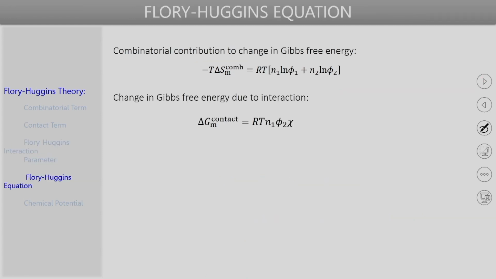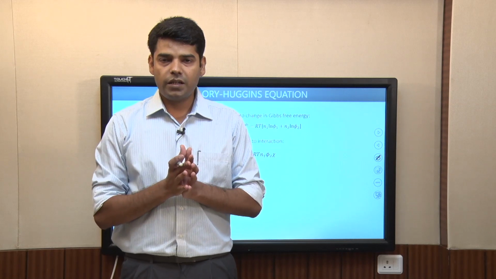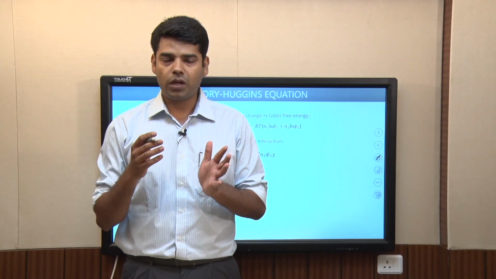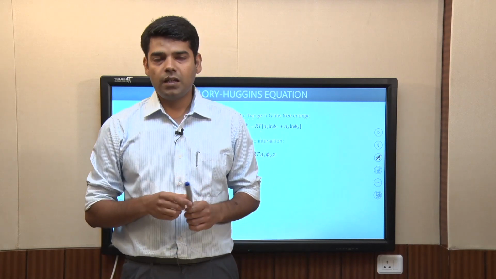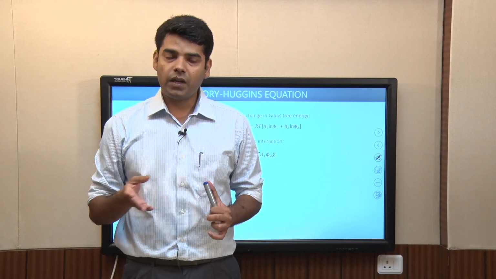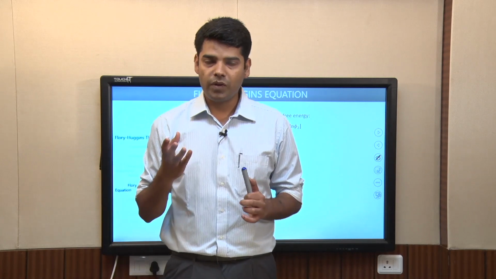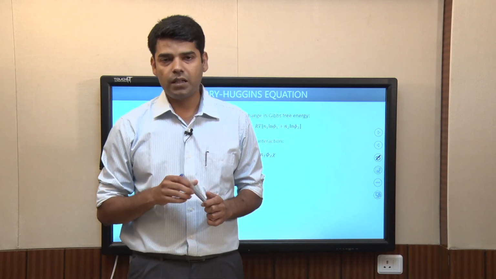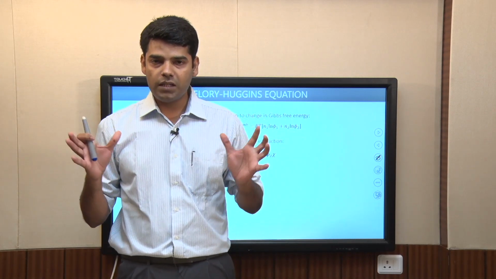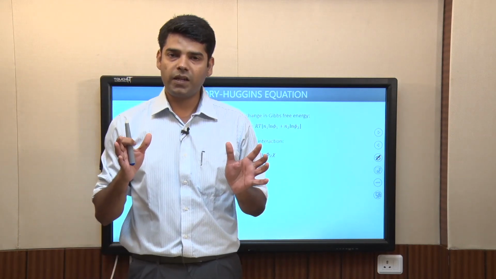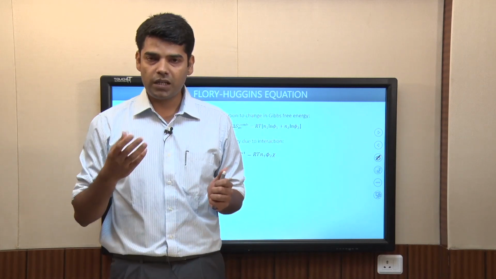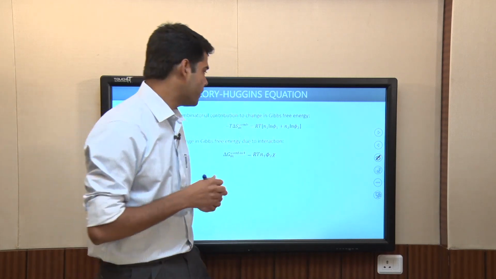Now that we have defined the Flory-Huggins interaction parameter and used it to come up with an expression for the contact Gibbs energy change of mixing, and given that we have already developed an expression for the combinatorial entropy change of mixing, we can combine both these terms to get the overall Gibbs free energy change of mixing associated with the formation of polymer solutions.